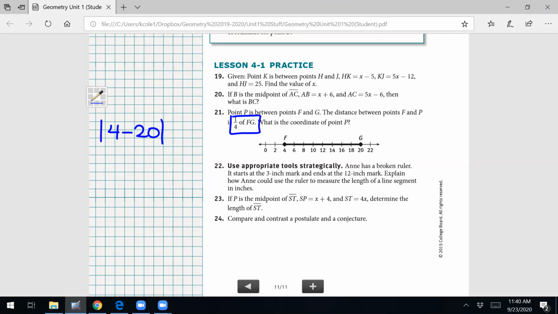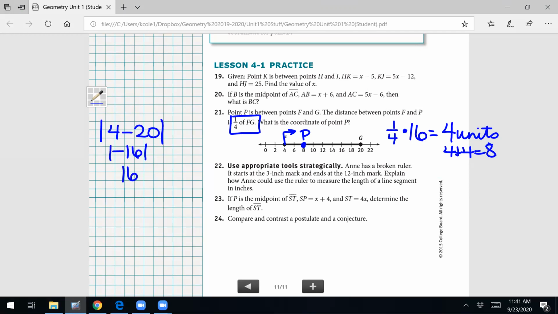What's 4 minus 20? Negative 16. The absolute value of negative 16 is 16. So I need to do 1/4 of 16, which is 4. So I need to move forward 4 units from F. F is currently at 4, so 4 plus 4 gets you to 8. So P is located at 8.